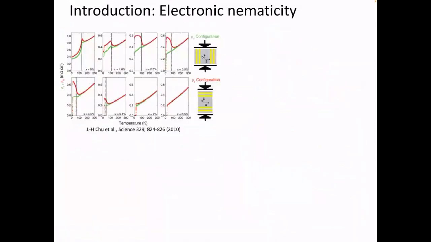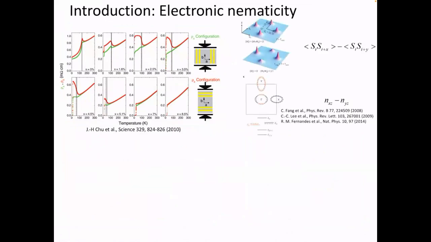All right, so nematicity, I'm sure everyone here is very familiar with this topic. It was first revealed through resistivity measurements under strain. The proposals for understanding this behavior are either a spin nematic, in which you have spin correlations that break the orbital rotational symmetry, or you have orbital ordering breaking the same symmetry.